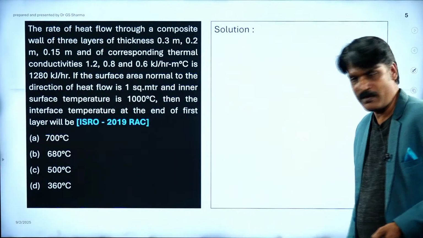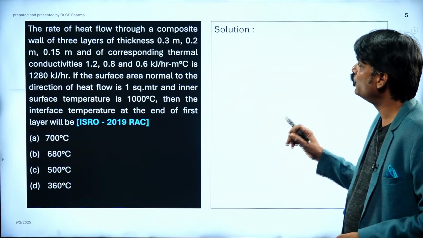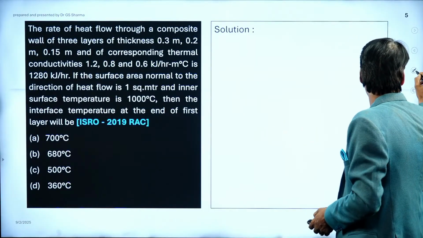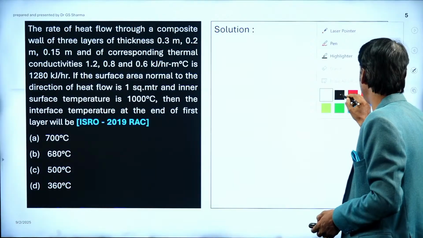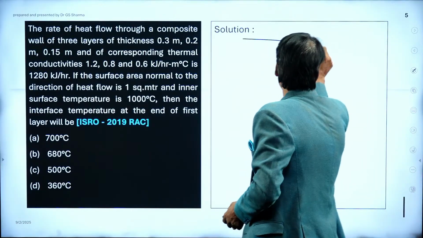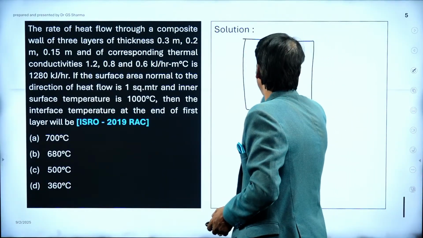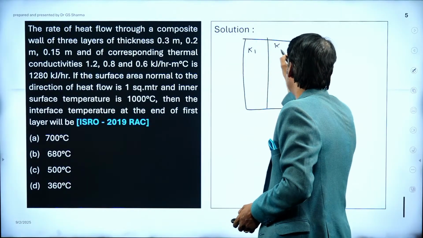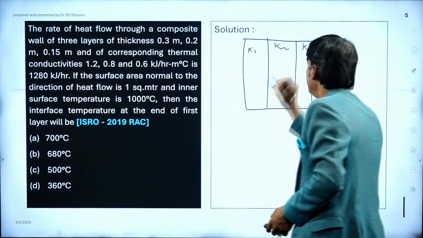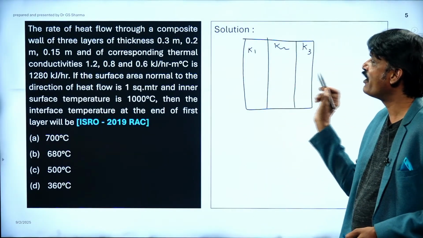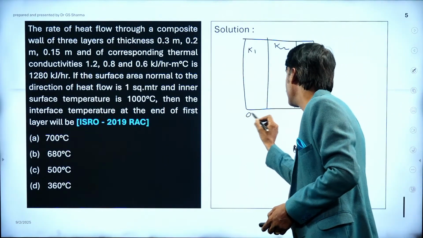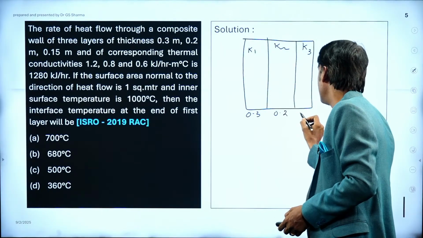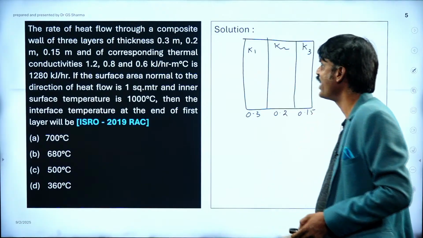The question is like this: the rate of heat flow through a composite wall of 3 layers of thickness. Here he is giving you a composite slab and specifying that the thicknesses are given. Suppose this is K1, this is K2, and this is K3. He has given 3 layers of thickness 0.3 meters, 0.2 meters, and 0.15 meters, not to scale.